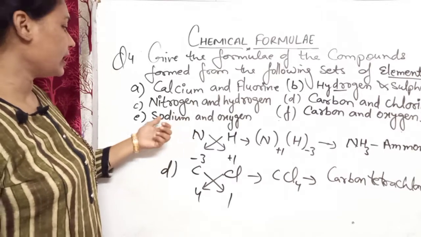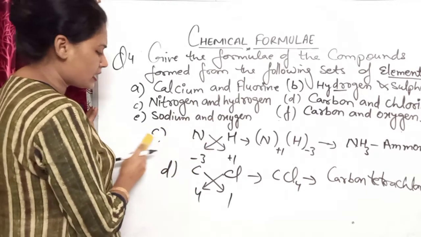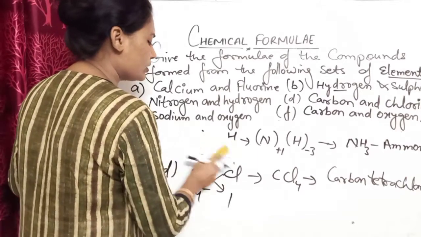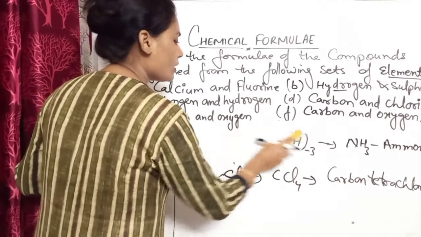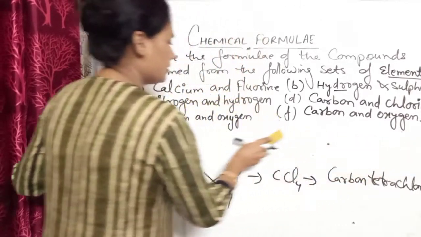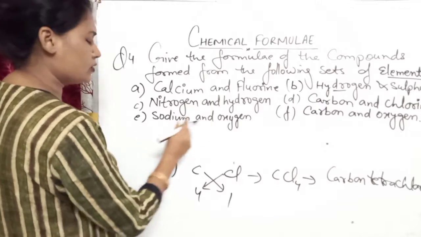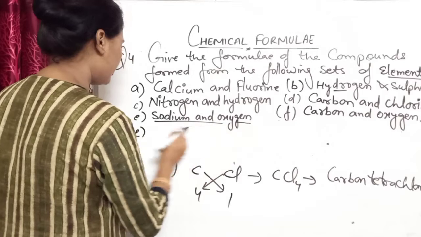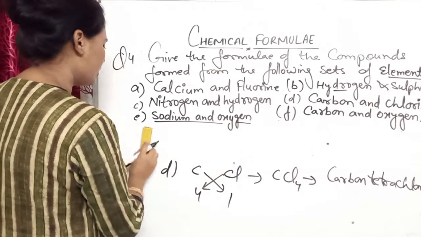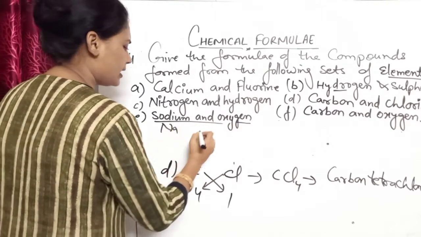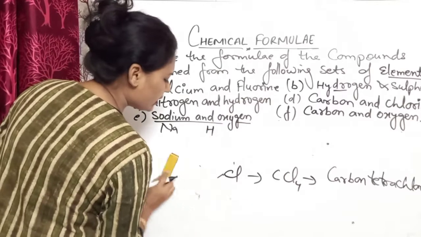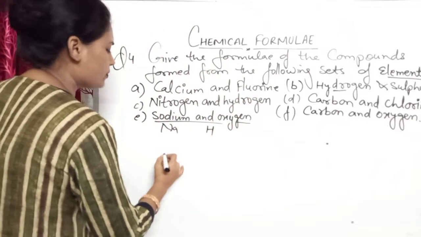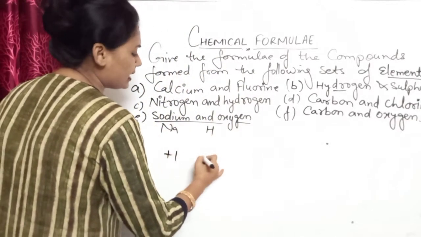Now next we can take sodium and hydrogen. We have done sodium and oxygen earlier, but the type of question is different. So we can take sodium and hydrogen, Na and H. Sodium has +1 valency, hydrogen has -1.